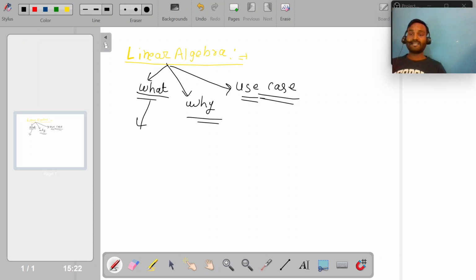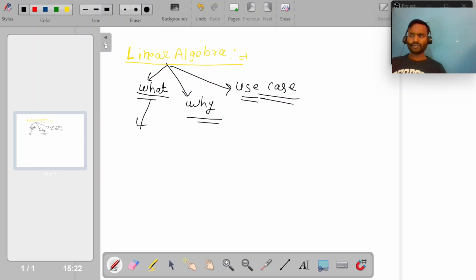That's why we study only linear equations, and that's why it is called linear.